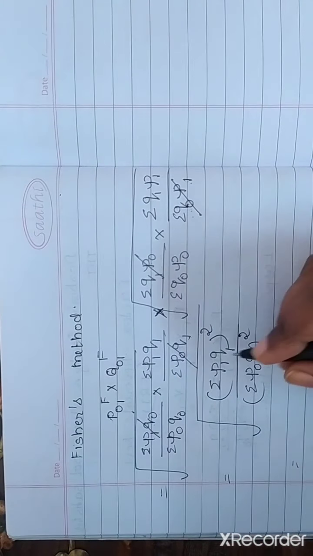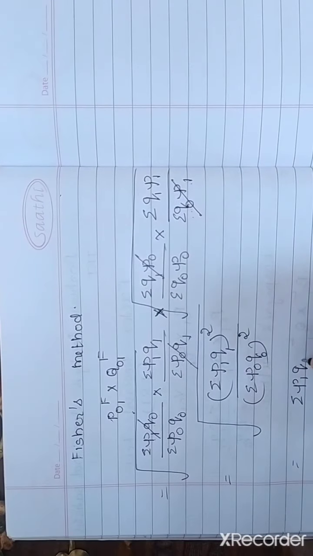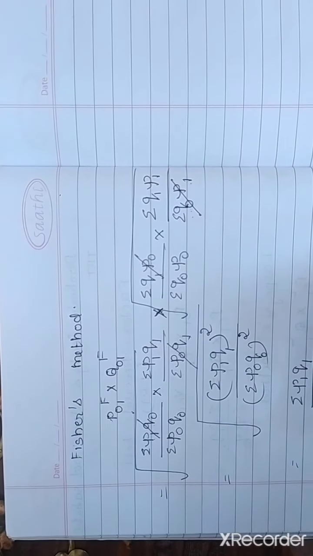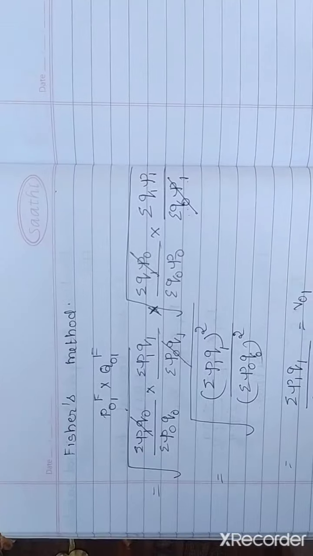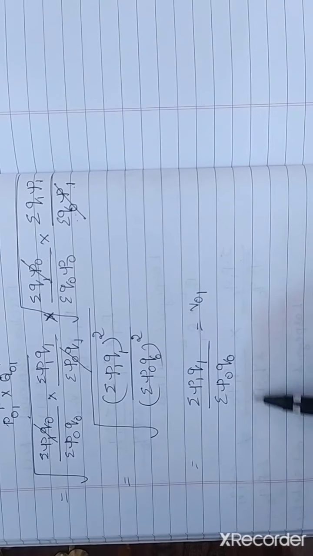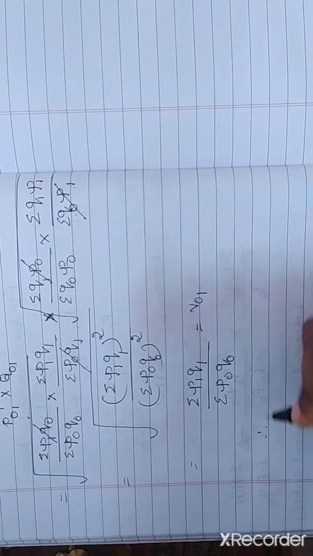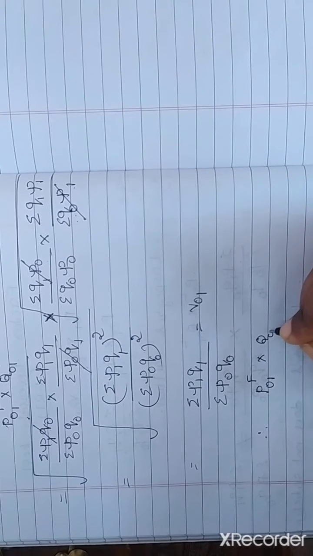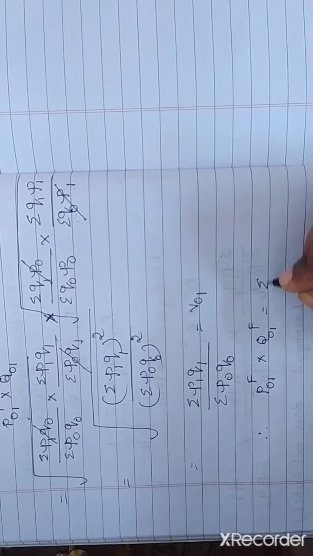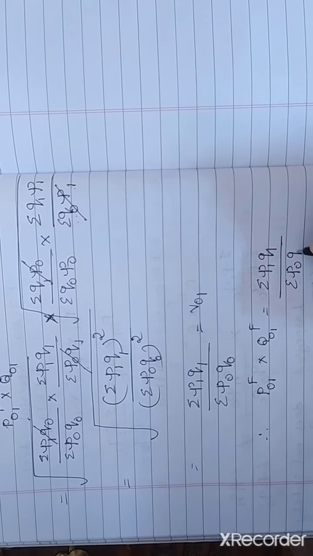Now if we remove this square root, what have we got? Summation P1 Q1 upon summation P0 Q0, which is equal to the RHS part of the FRT condition. Therefore P01 Fisher's into Q01 Fisher's is equal to summation P1 Q1 upon summation P0 Q0.